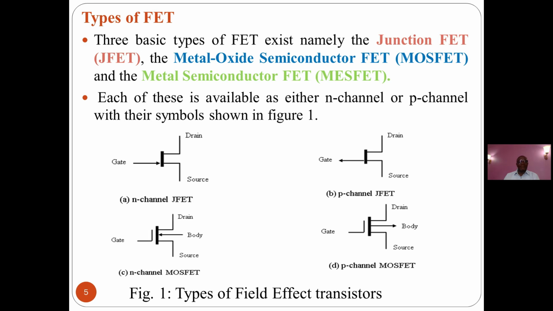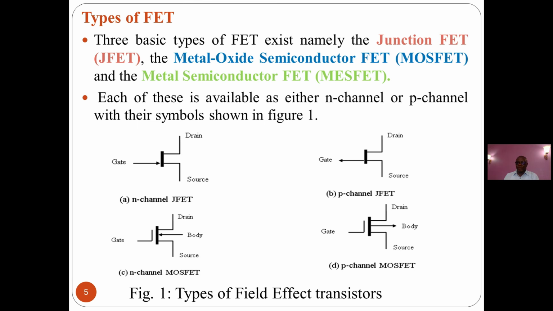What are the types of field effect transistors in existence? There are 3 basic types: the junction field effect transistor, known as the JFET, and the metal oxide semiconductor field effect transistor, known as the MOSFET.